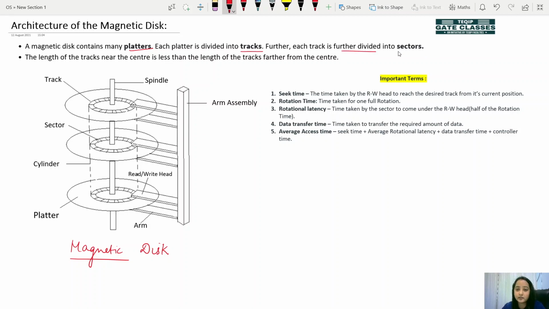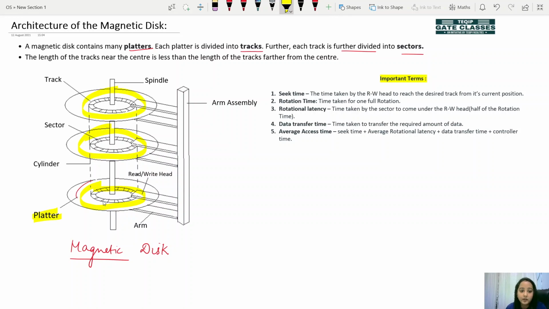Further, each track is divided into the sectors. See this figure. So this surface is the platter.